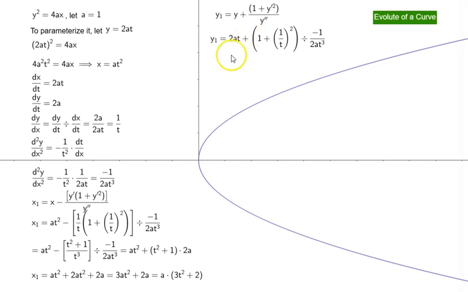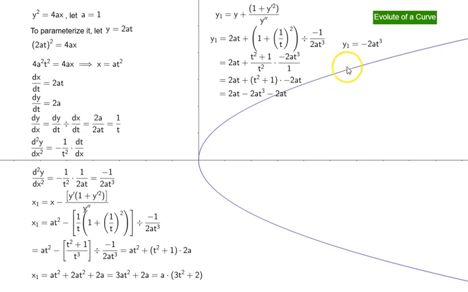Now let's look at y1. Again, we do the necessary substitutions. y1 is equal to y, which is 2at, plus (1 plus y prime square), where y prime is 1 by t, so 1 by t square, divided by y double prime, which is minus 1 by 2at cube. So simplify.